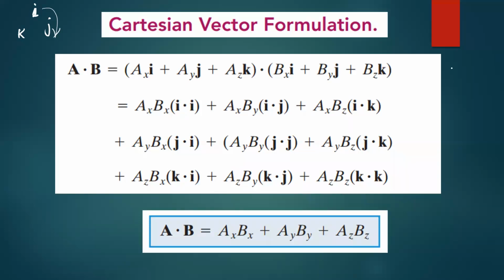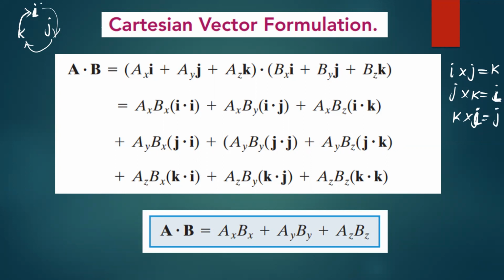So when we say i cross j, the answer will be k. j cross k, the answer will be i. k cross i, the answer will be j.